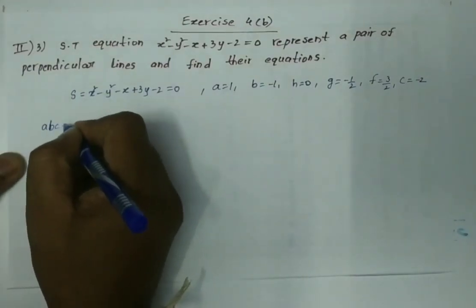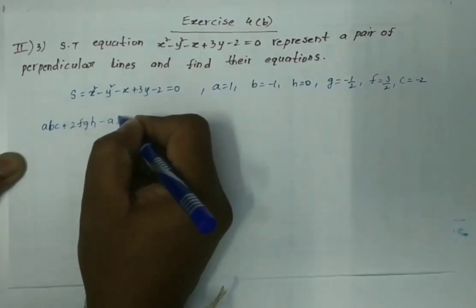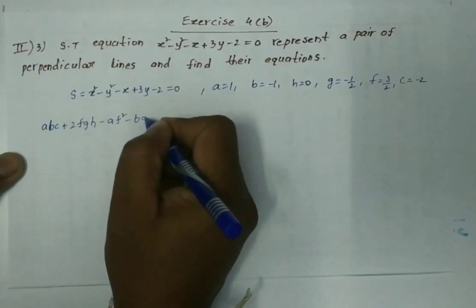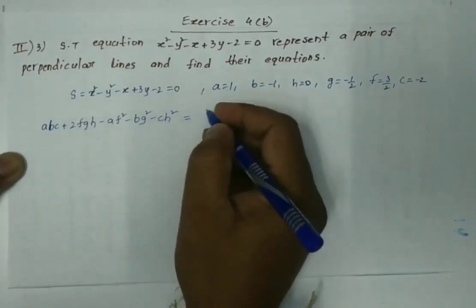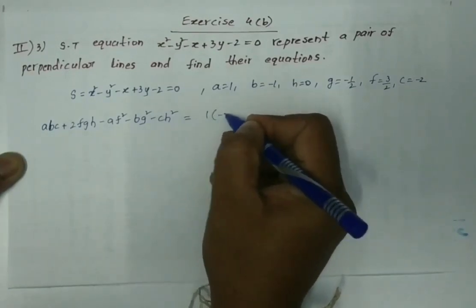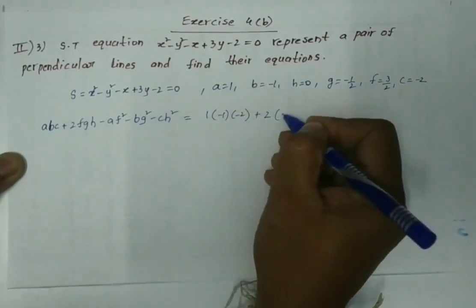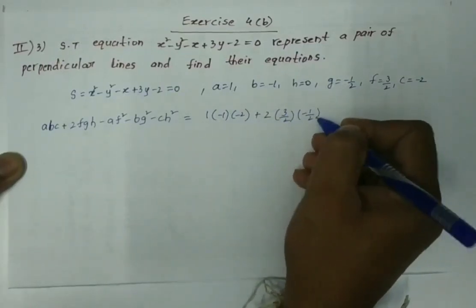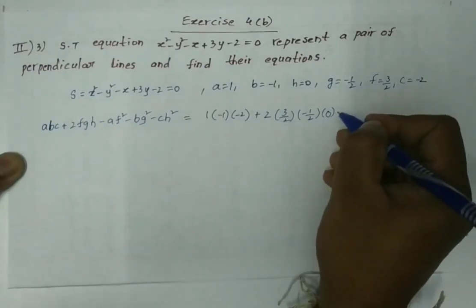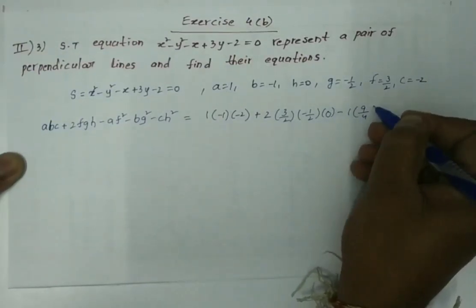abc plus 2fgh minus af square minus bg square minus ch square. Here a is 1, b is minus 1, c is minus 2, so abc is 2, plus 2fgh, where f is 3 by 2, g is minus 1 by 2, h is 0, so this term is 0. Minus af square is minus 9 by 4.